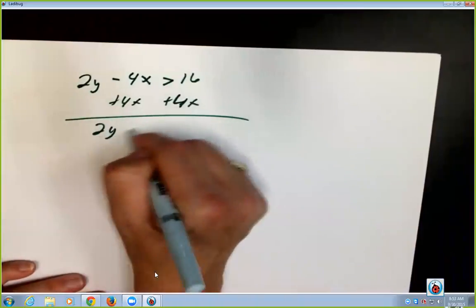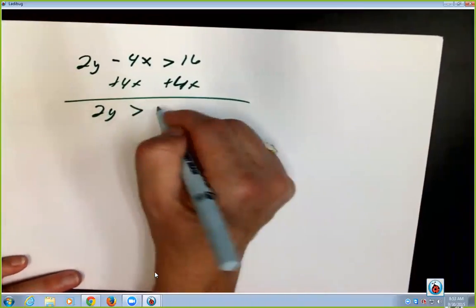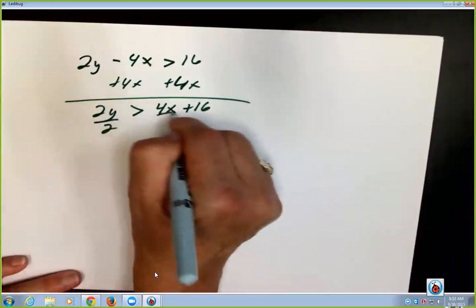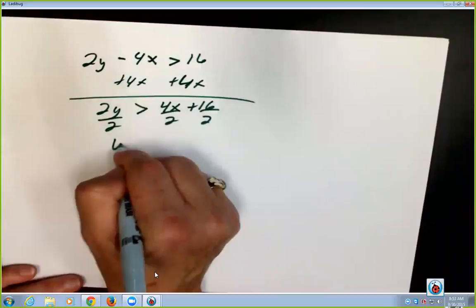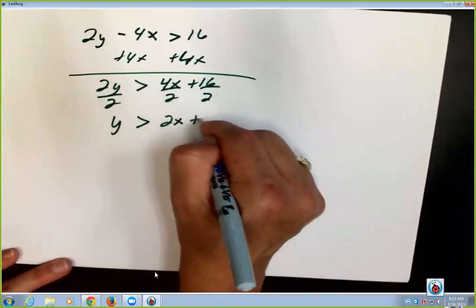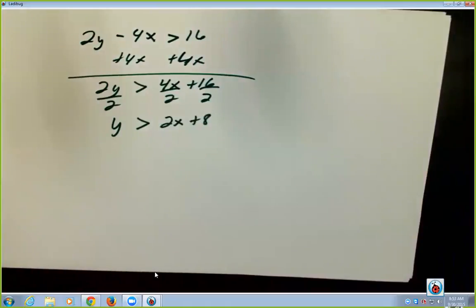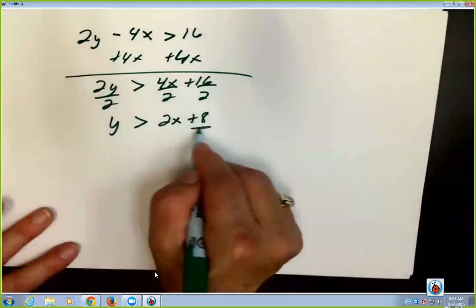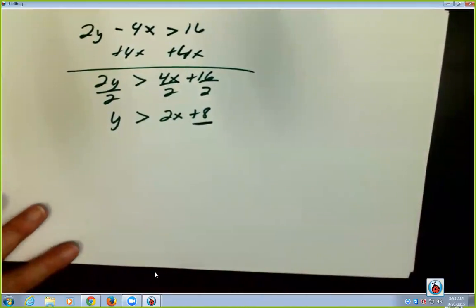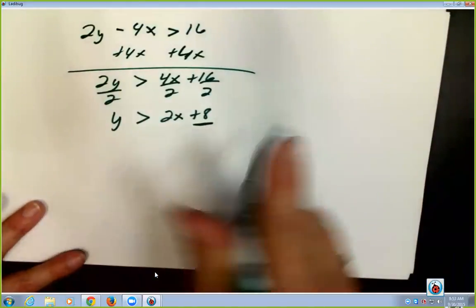So I get 2y is greater than or equal to 4x plus 16, divide by 2. So I find y is greater than or equal to 2x plus 8. Now you have a point in here. Your point is always your intercept. So that last number, once you solve for y, is your y-intercept.